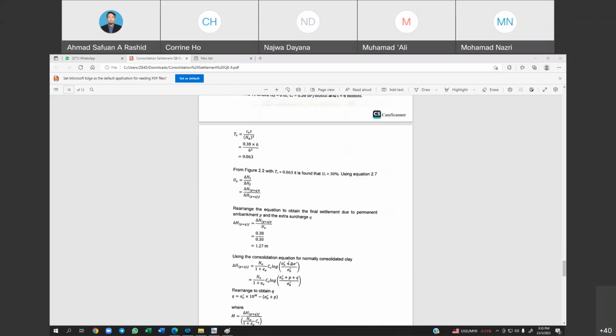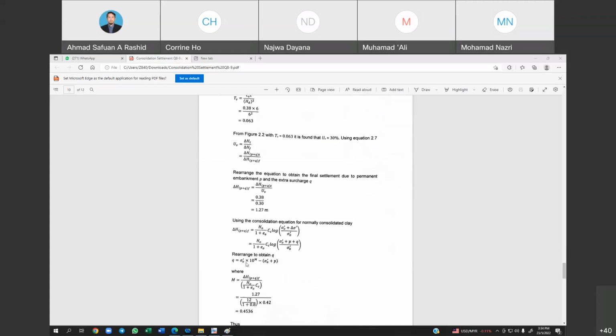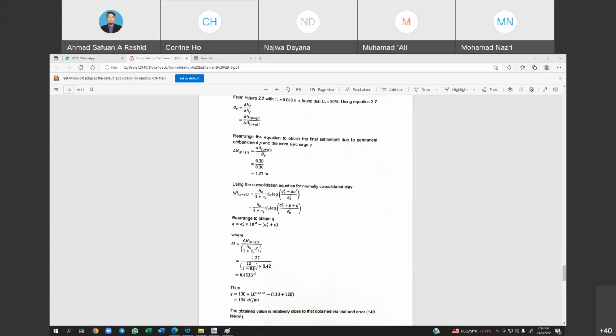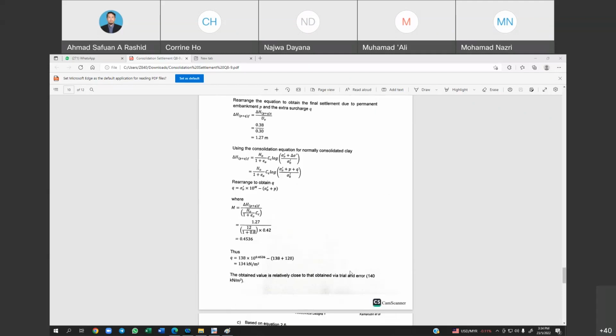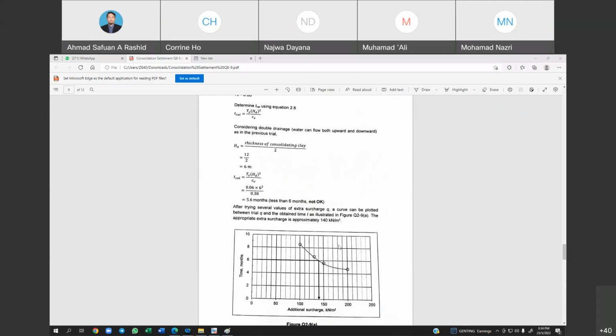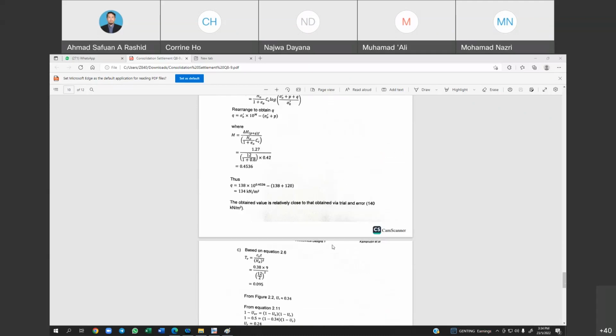Using the consolidation equation for normally consolidated clay, rearrange to obtain Q, where M is equal to 0.4536. So Q is equal to 134. The value obtained is close to the trial and error, so lebih kurang sama lah.